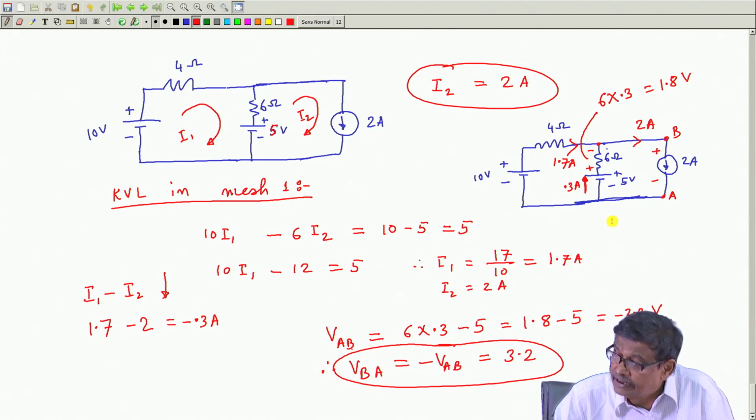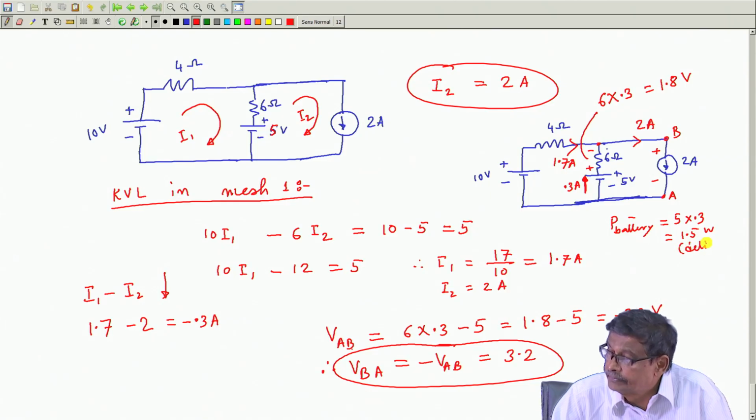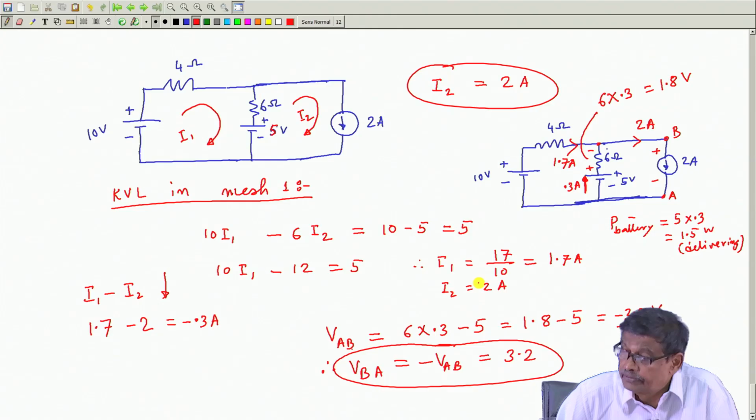So, the battery is delivering. P battery is equal to 5 volt into current, which is 1.5 watt, and I write a comment: delivering. It is delivering power to this network.